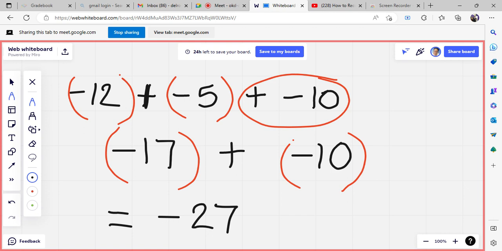So I hope that this video helps you in understanding addition of integers. I will do a second video to explain the rule of subtracting integers. That's in the next video. But I really hope that this one helps you to understand how to carry out addition of integers.